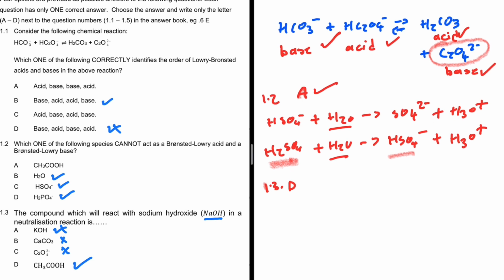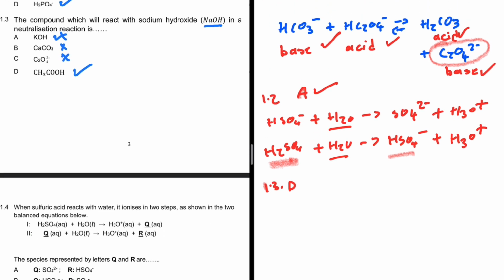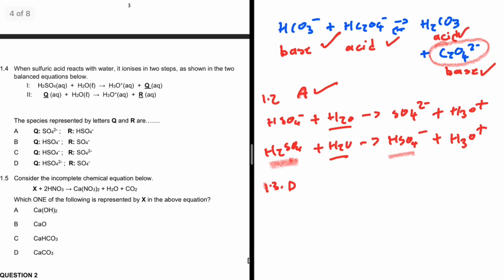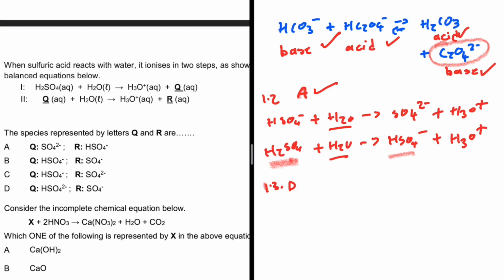Let's take a look at 1.4. 1.4, when sulfuric acid reacts with water, it ionizes in 2 steps, as shown in the 2 balanced equations below. Well, there's a special term we use for acids that ionize in 2 or 3 steps, right? So sulfuric acid, it says H2, so it is diprotic.